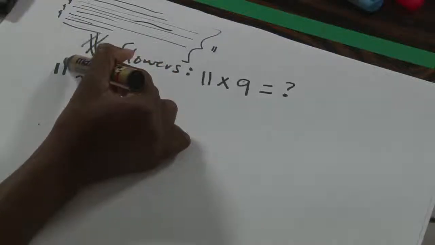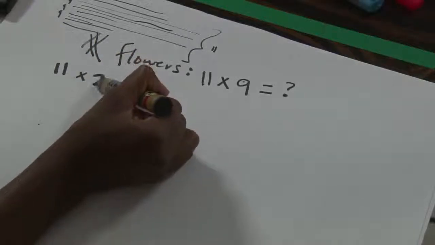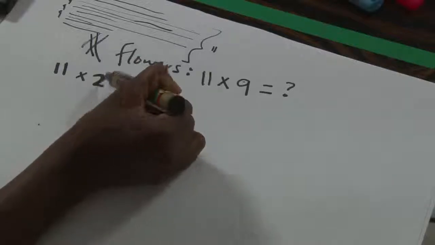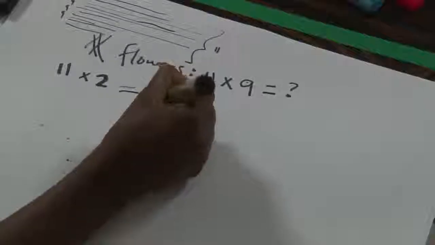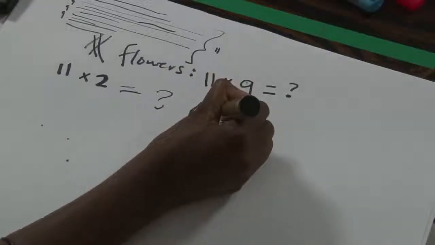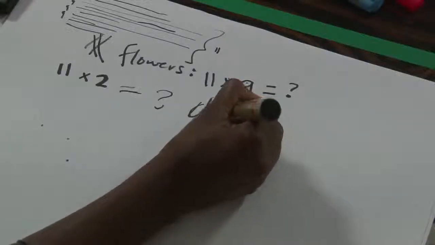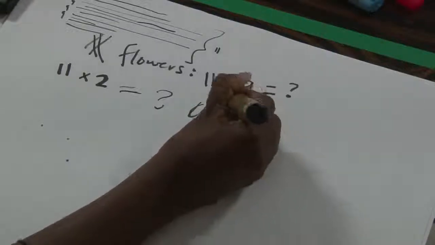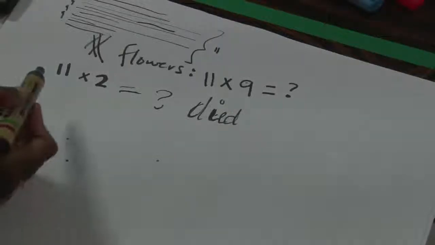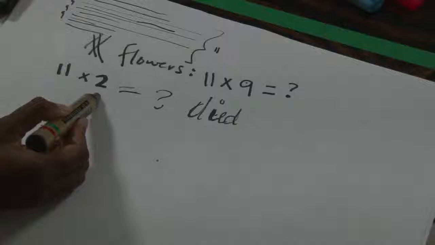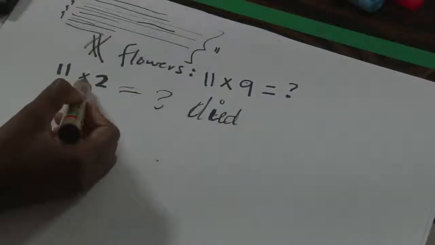You would say the number of rows, and then you times it by the 2 flowers that died on each row, and then you get how many flowers died. Because each row lost 2. But now we want the total number of all the flowers.